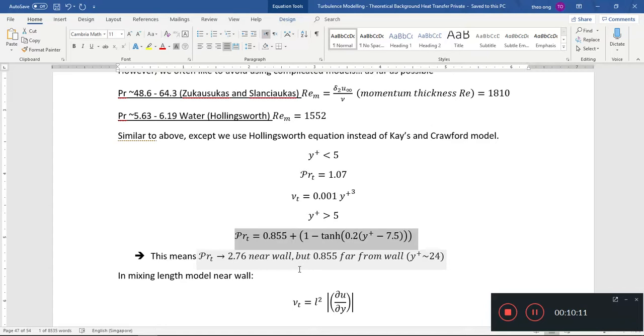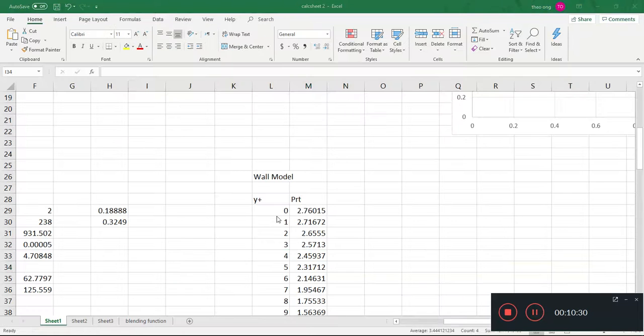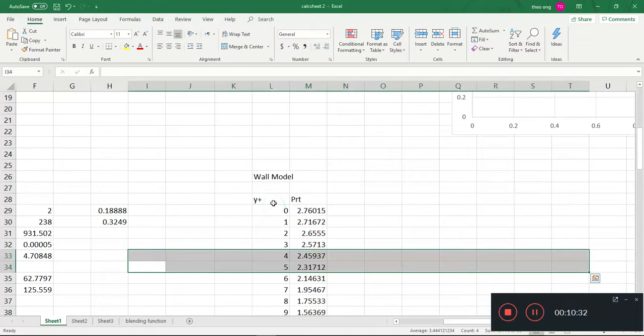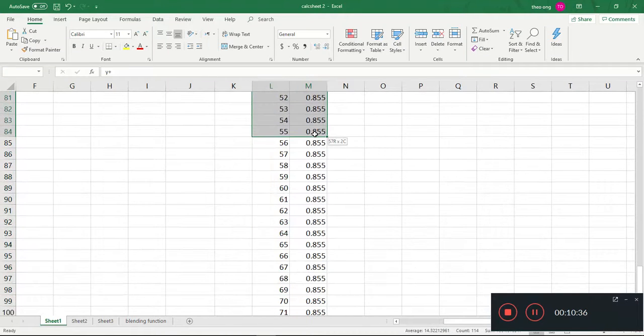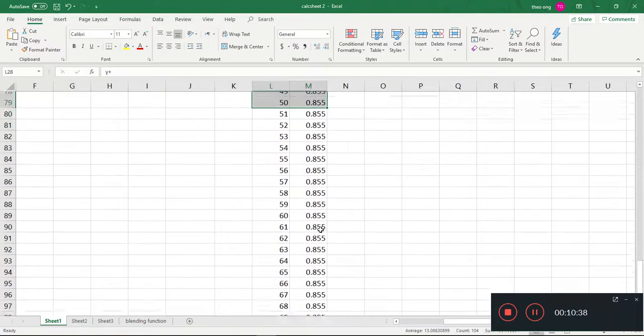All right. So this is the Prandtl number we use, and what this equation means is there's 2.76 near the wall, but 0.855 far away from the wall, i.e. y plus more than 24. So what I've done here is to compute the Hollingsworth model from y plus equals 0 all the way up.